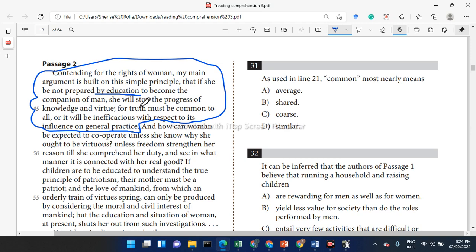That's the case that she's making. You see what I'm saying? She's saying, for truth must be common to all, or it will not be efficacious, or it will be inefficacious. What she is saying is, if the person does not know by experience what's happening, then when they try to relate that information to someone else, it's not going to be as strong.